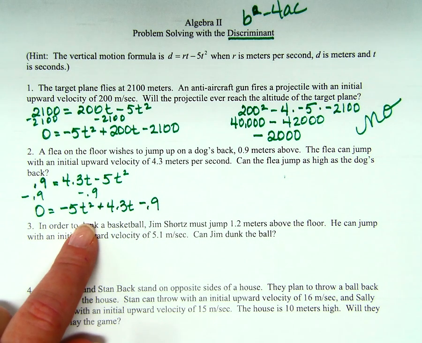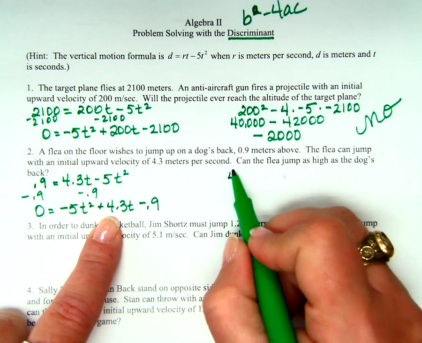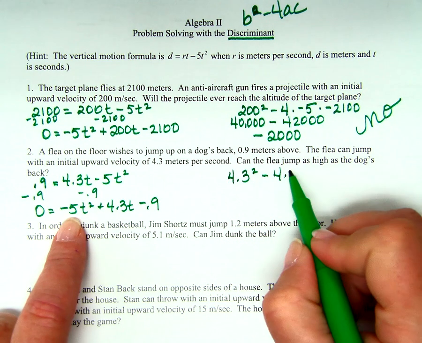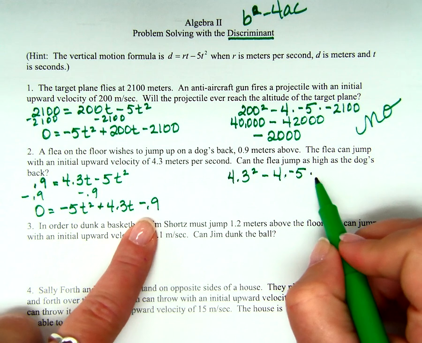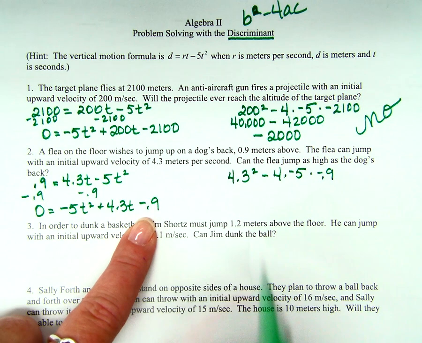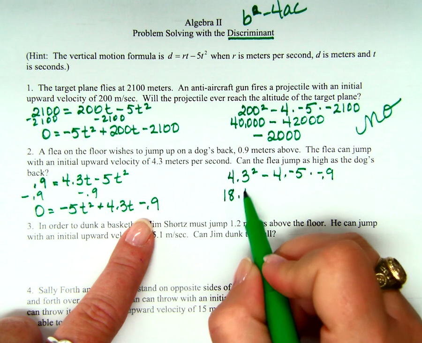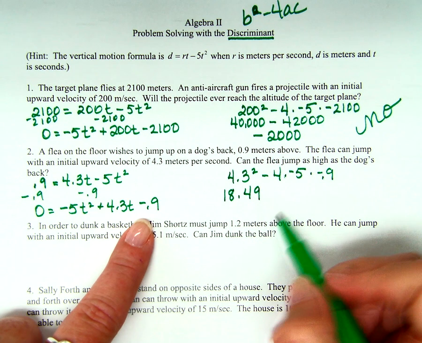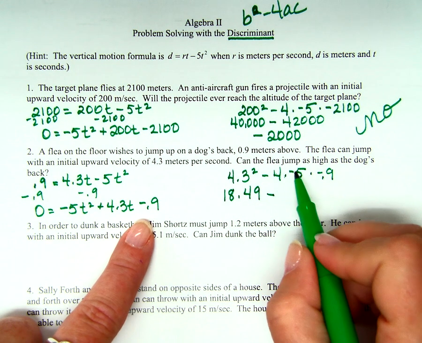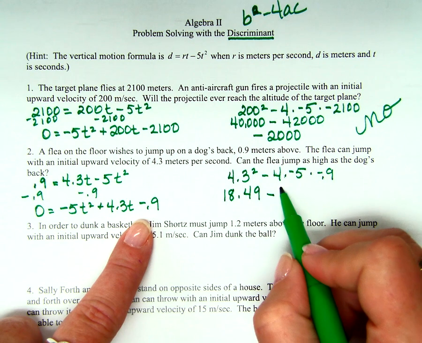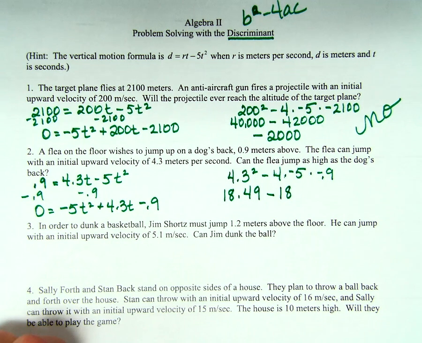fill in the discriminant. B squared, so 4.3 squared, minus 4 times negative 5 times negative 0.9. 4.3 squared is 18.49. 4 times negative 5 times negative 0.9 is 18.